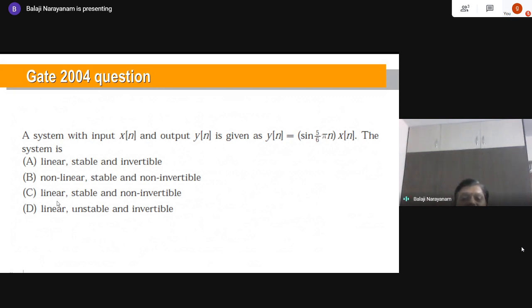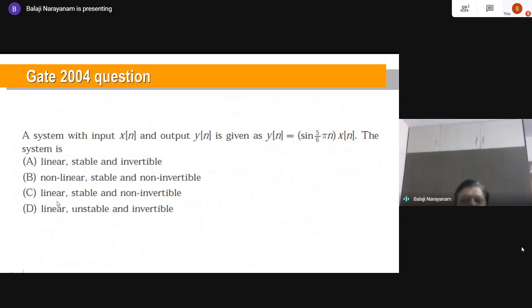So for linearity, what condition is to be satisfied? For linearity, the superposition condition is to be satisfied. The superposition has additivity and homogeneity properties. The additivity property is that if two different inputs x1 and x2 are given, the output y of t should be the sum of y1 of t plus y2 of t. If that is satisfied, additivity is satisfied.